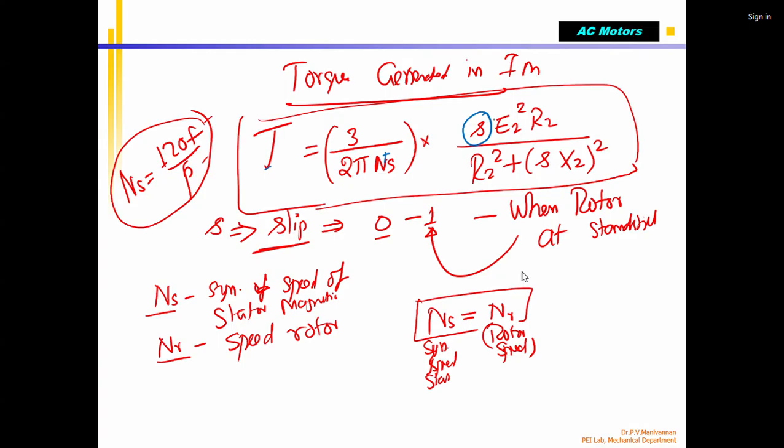You can see that it is in the numerator as well as the denominator. In the denominator, it is S square. Right? You can say R2. In fact, I thought of explaining about the equivalent circuit. I will come back to that. Okay. Where R2 is called rotor resistance, X2 is called rotor reactance, and E2 is the rotor induced voltage, and S is the slip, and NS is the synchronous speed of the magnetic flux.